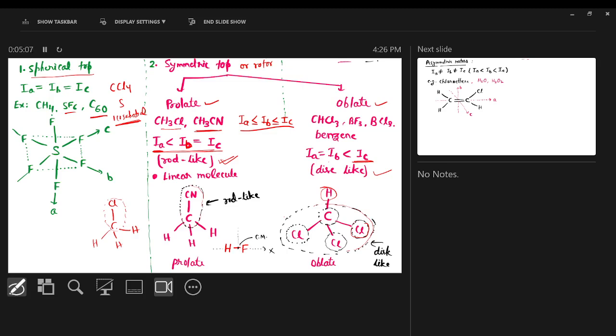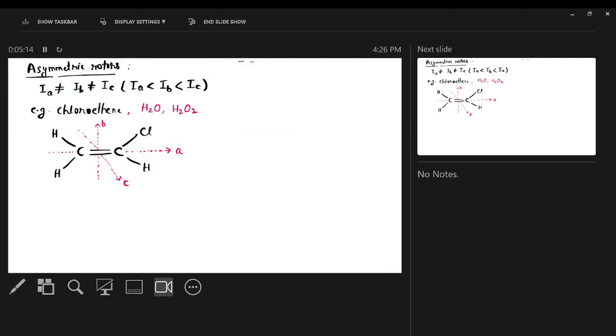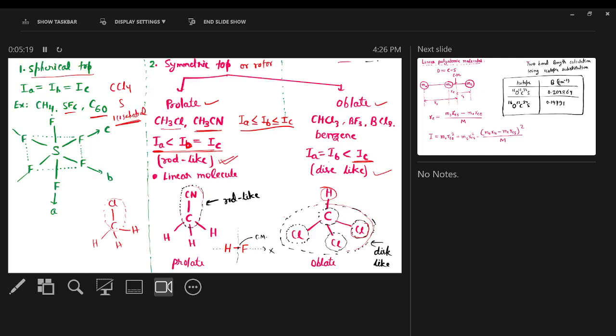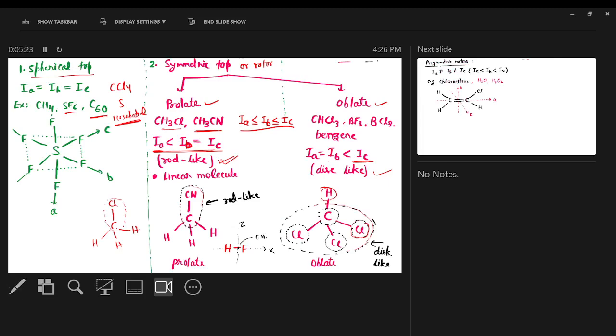So this is another axis, I will say Z, and perpendicular to the plane, perpendicular to XZ, we will have Y. See, the molecule lies on the x-axis. So the distance between the bond and the center of mass, meaning the R, will be 0.